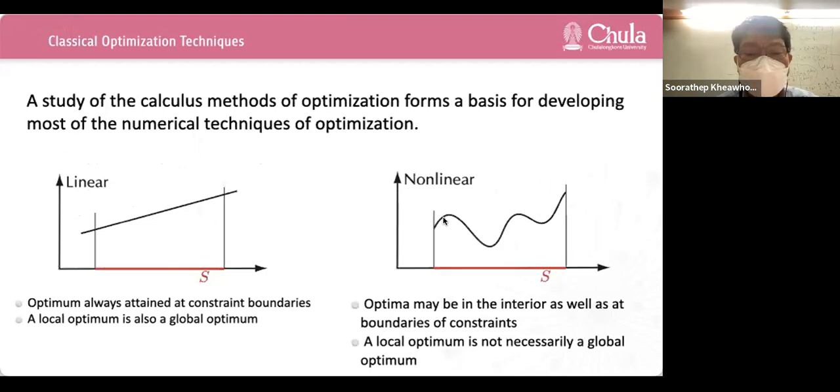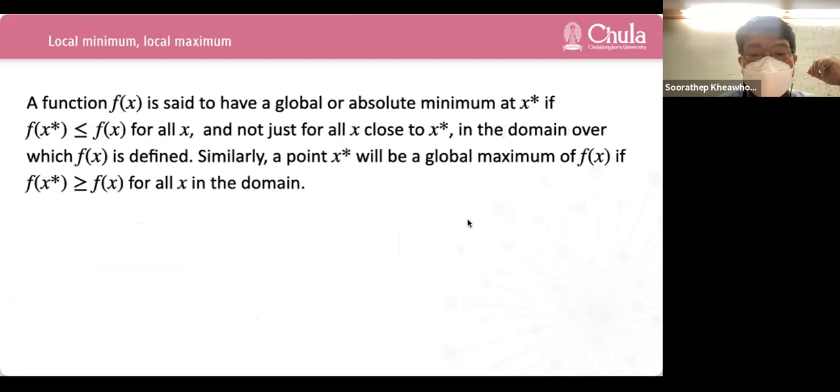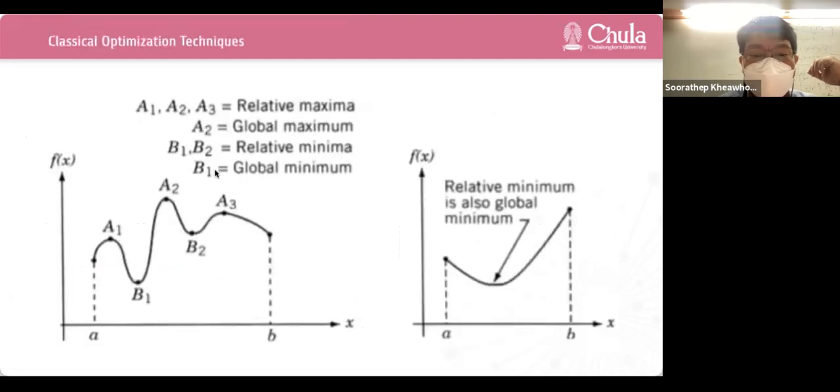I show you the definition of local optimum and global optimum, right? For example, from this graph, you see that we have a local maximum, okay? Or the point local maximum and some points, B1, B2, it's a local minimum.